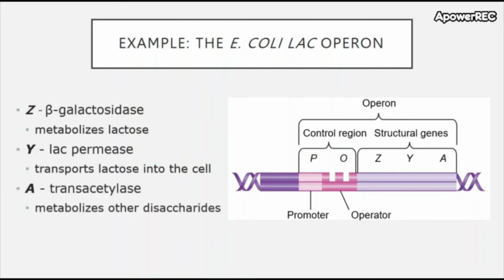Lastly, it has a transacetylase, which metabolizes other disaccharides, and less is known about the LAC-A gene. And all of these genes can be turned on together under the same promoter operator system.